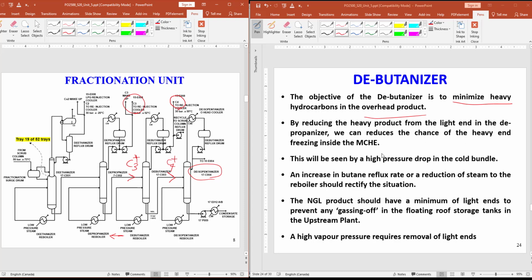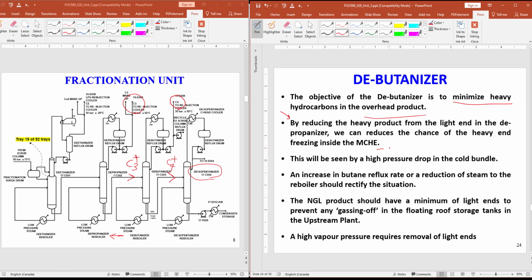In general, it's saying that if we try to remove as much of the heavy products as we can from this stream, especially from the de-propanizer, the de-ethanizer, and the debutanizer, we can send lighter products to the main cryogenic heat exchanger.